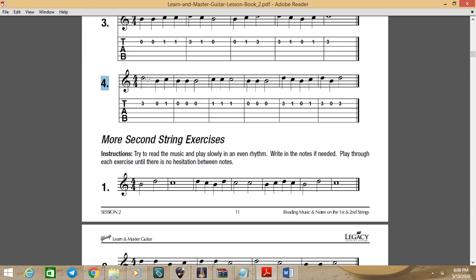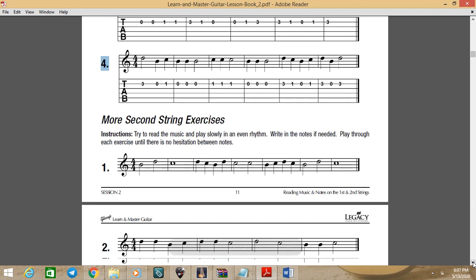D, B, and for each quarter note, one beat. B, B, C, C, C, C, excuse me, B, B, B, okay? And you should do it also.